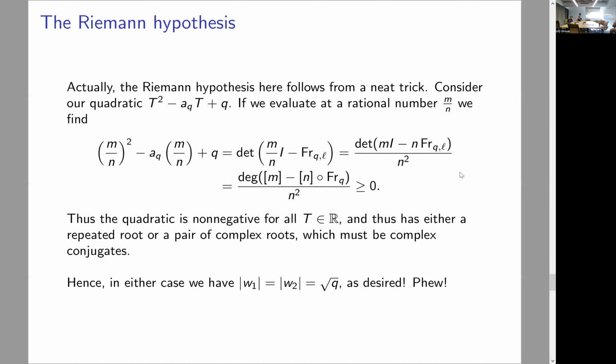In either case, what we find is that the absolute value of those numbers has to be the square root of q, as desired. So the Riemann hypothesis is true via this clever trick about the non-negativity of this quadratic over the real numbers.